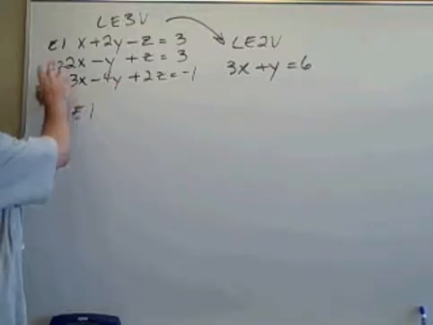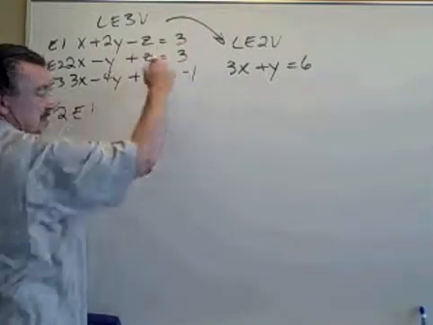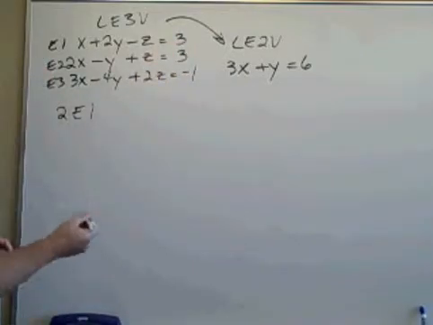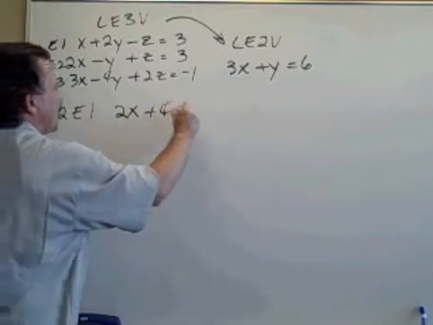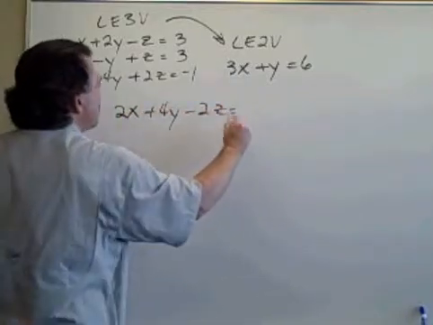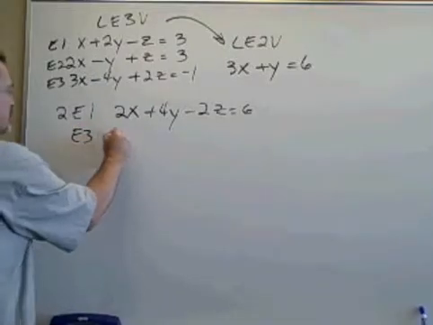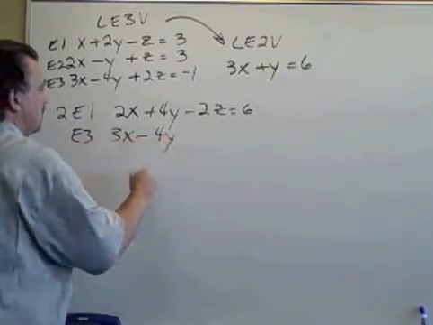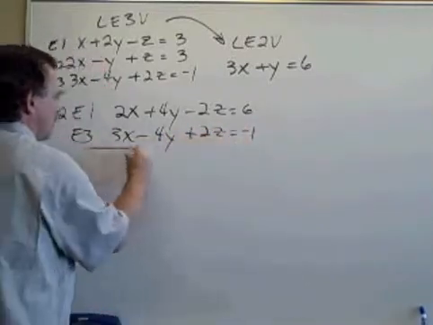So let's take equation 1 and multiply every term by 2. Don't forget to multiply the constant by that value of 2 as well. So we'll have 2x plus 4y minus 2z equals 6. And now I'm going to add that to equation 3, which is 3x minus 4y plus 2z equals negative 1.